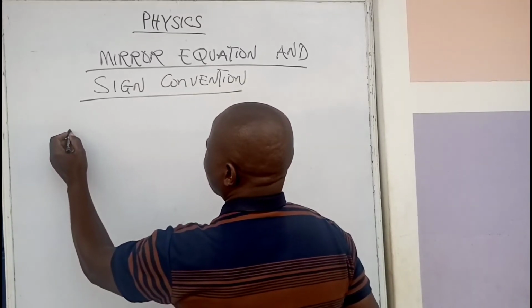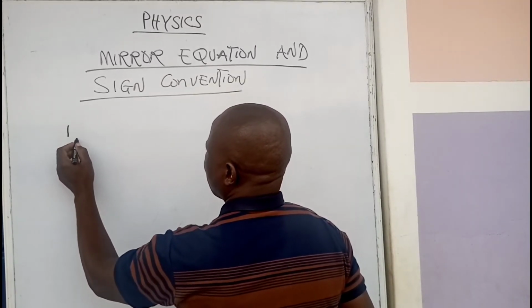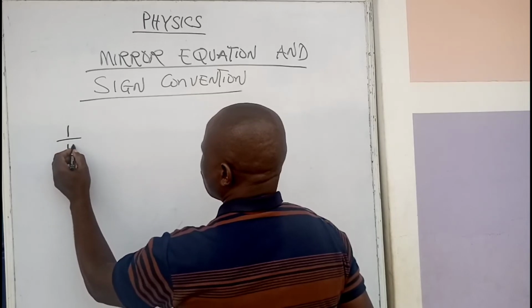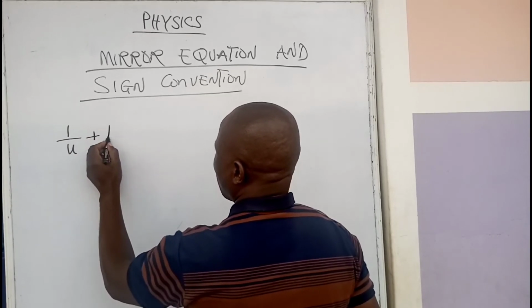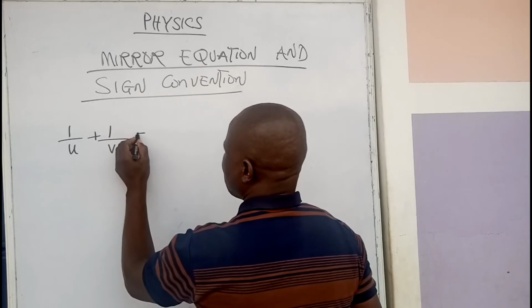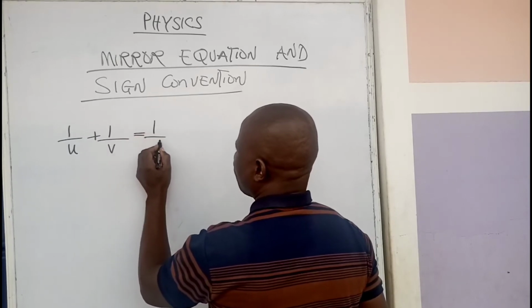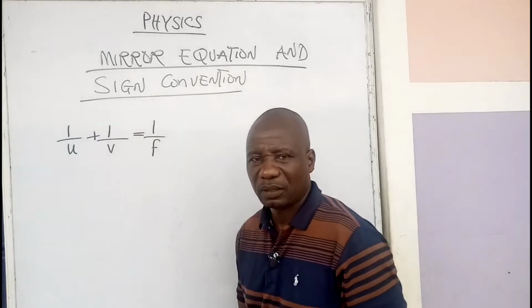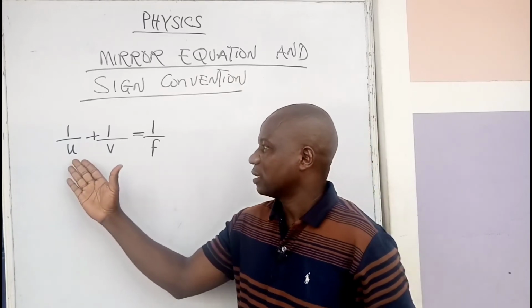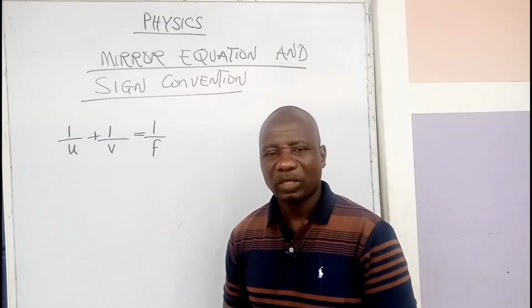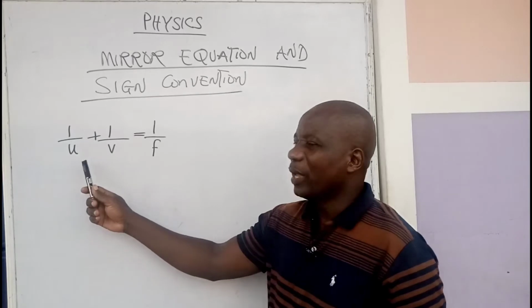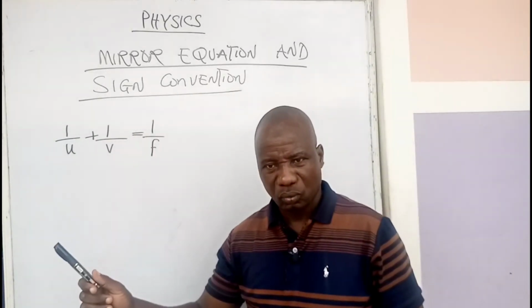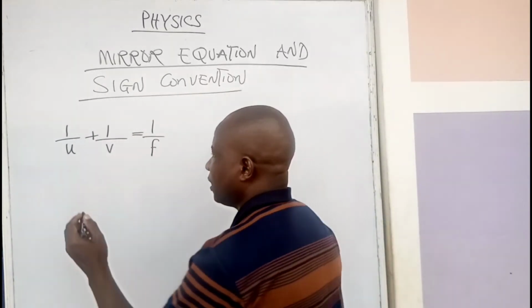Now the mirror's formula states that we have 1 all over u plus 1 all over v is equal to 1 all over f. What do these parameters stand for? Anywhere you see u, that is object distance.